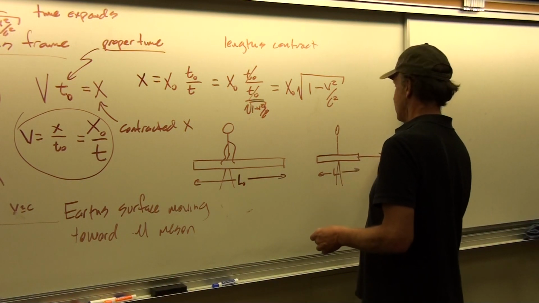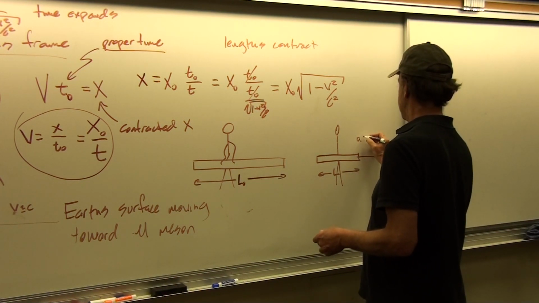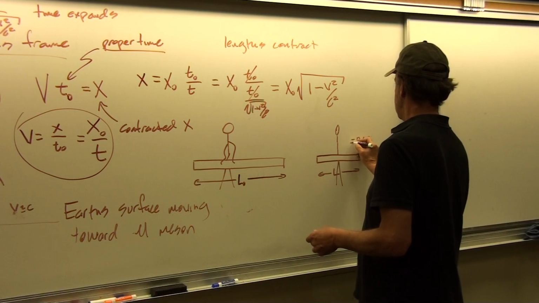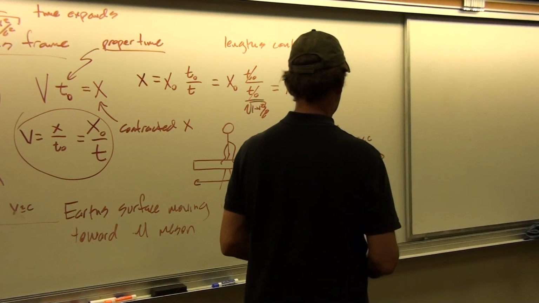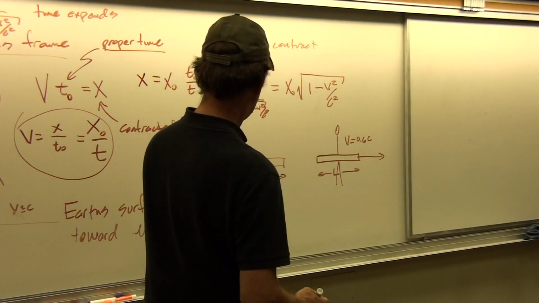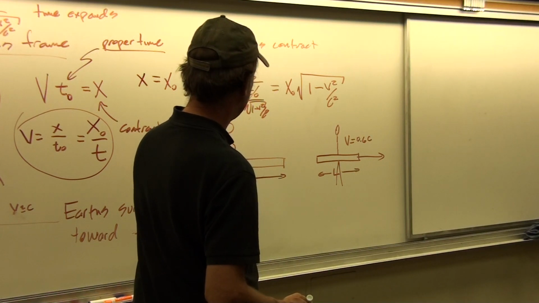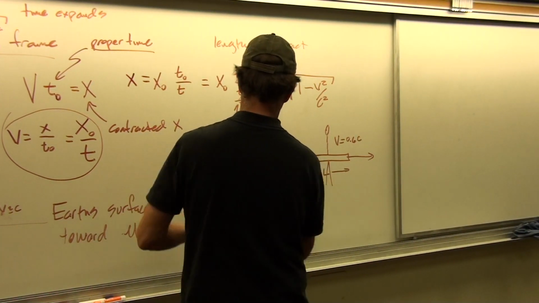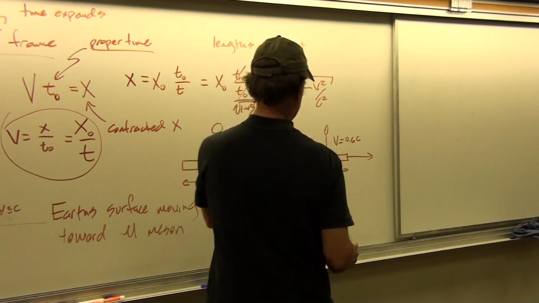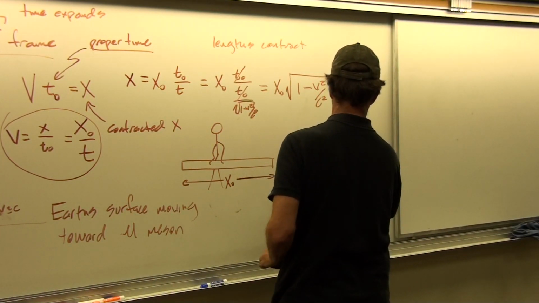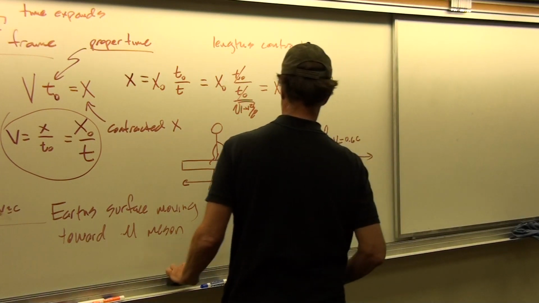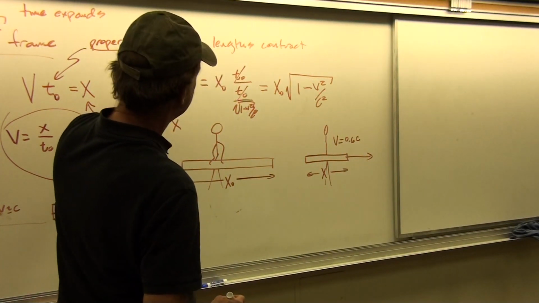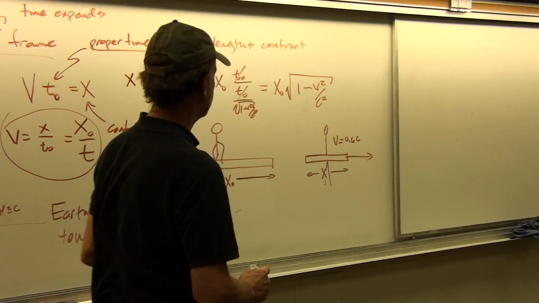He's running along, let's say, at 0.6 c is the velocity. Like that. And so L then is going to be less than L naught. Or I call this x naught, just to stay consistent with what I was calling the distances before. And then this is x. And then we've got x is equal to x naught times the square root of 1 minus v squared over c squared.